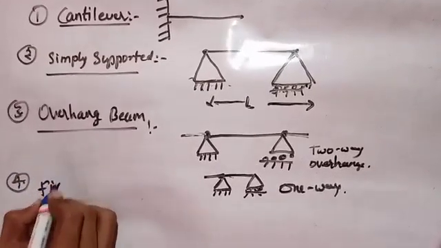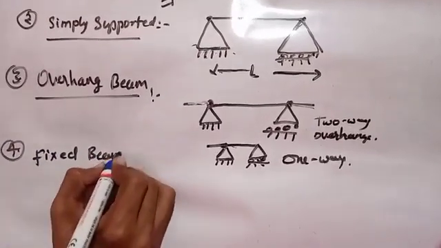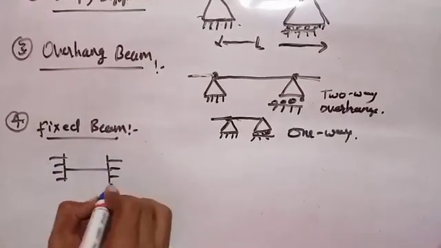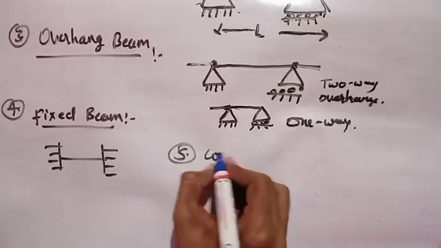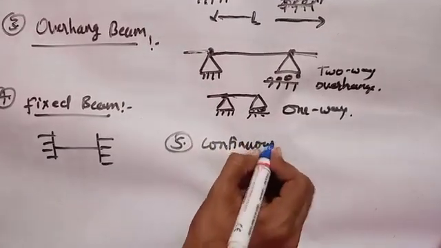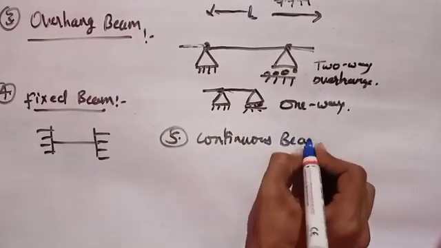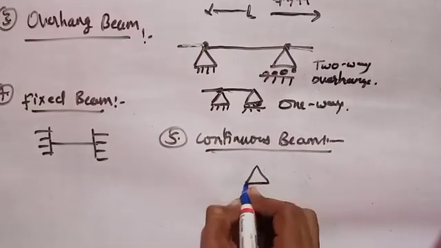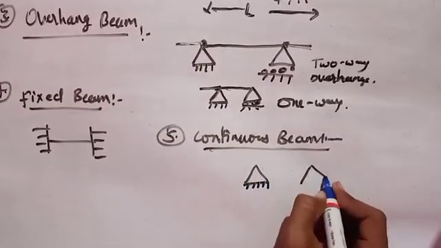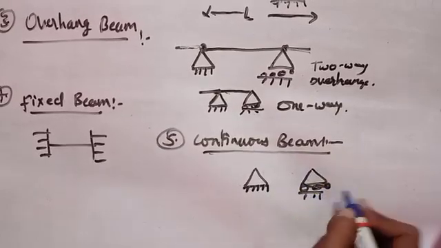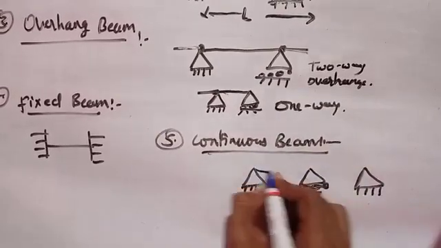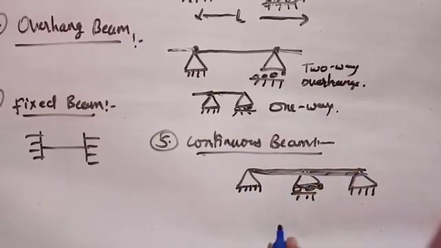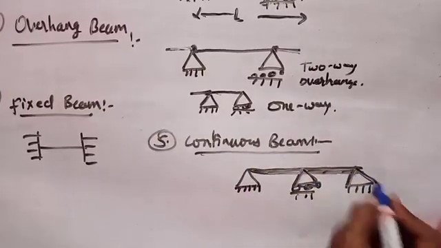Fourth is fixed beam. It is fixed from both ends. And fifth is continuous beam.